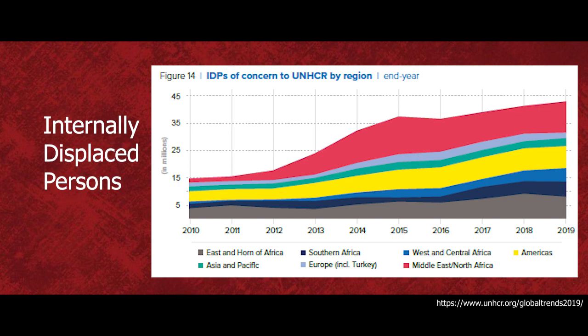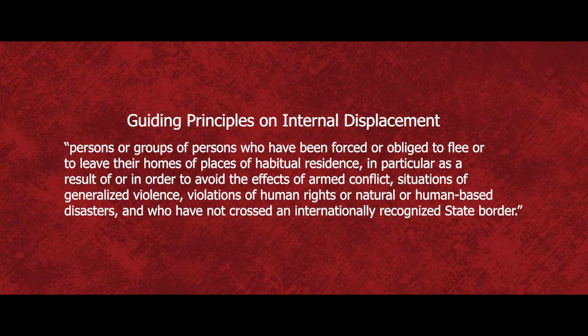Internally displaced persons. There isn't a clear definition under international law of internally displaced persons, often referred to as IDPs. However, one frequently cited definition is found in a United Nations report, The Guiding Principles on Internal Displacement.